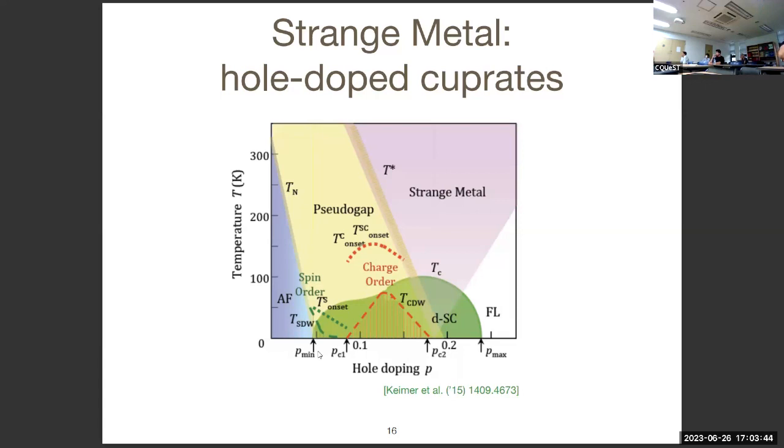So you can think of the horizontal axis as just slightly tweaking the material that you're working with. And when you do that, you end up with this rather complicated phase diagram where you have superconductivity in this region here, and then all sorts of antiferromagnetic order over here, and then a Fermi liquid over here. And let's not discuss what on earth a pseudogap is, but I want to discuss what this strange metal is. How well are these things understood theoretically in that matter, right?